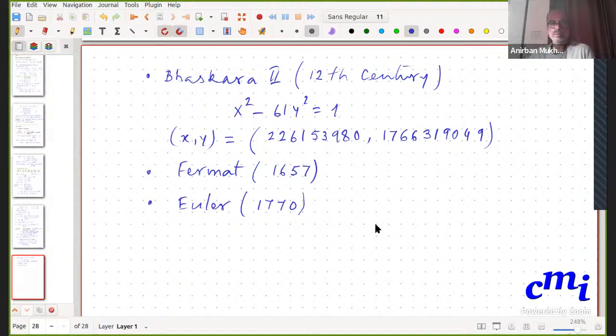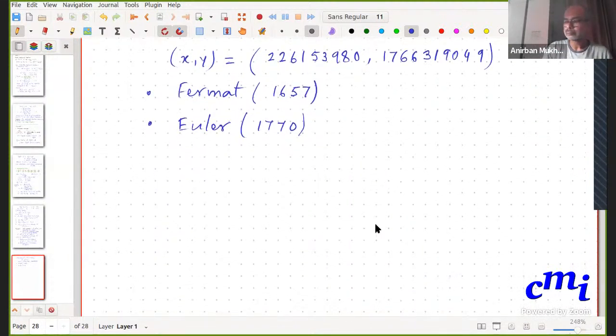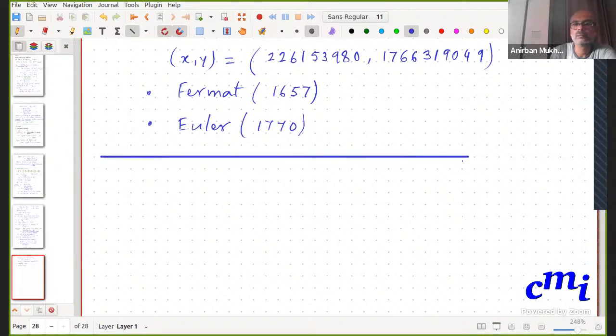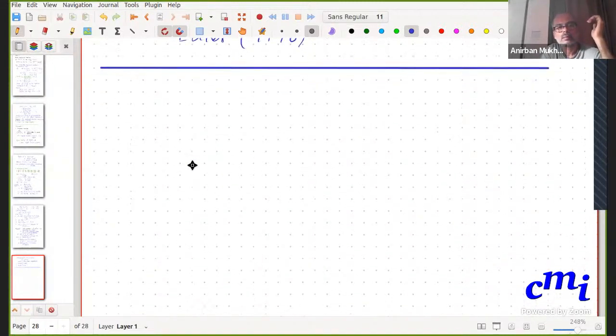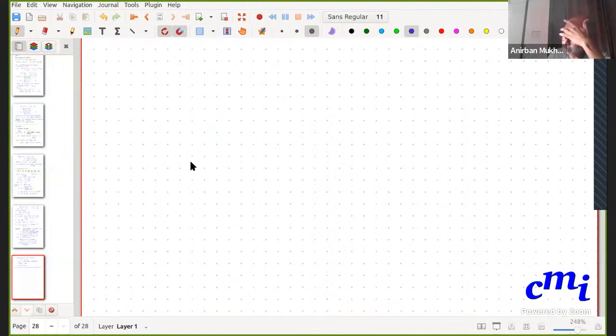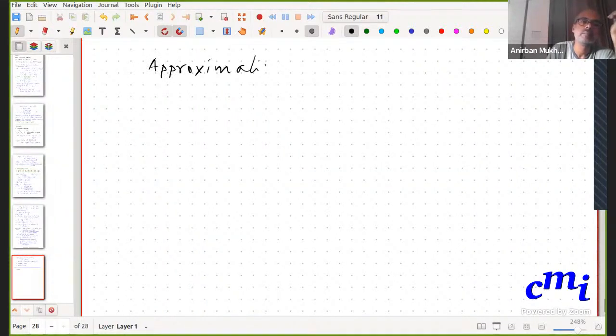We are back to theory. Approximation by convergents.